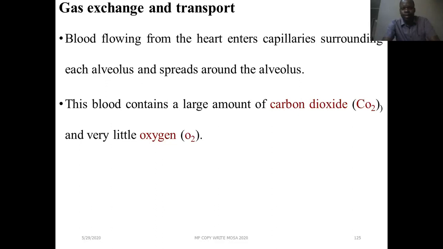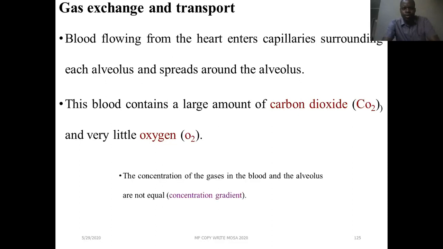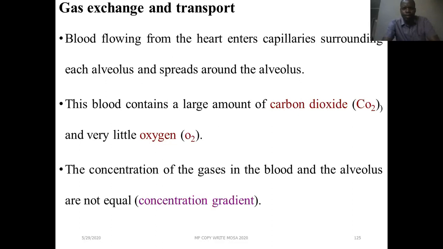So blood acts as the means by which gases are carried to the body tissues. The concentration of the gases in the blood and the alveoli are not equal, because some gases are in high quantities and other gases are in low quantities.